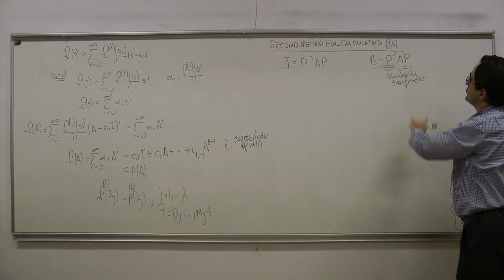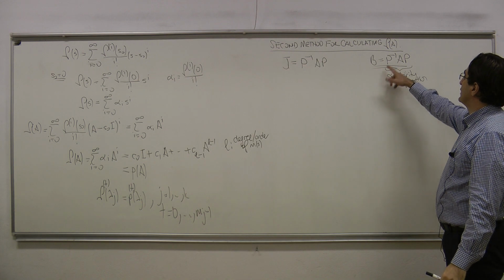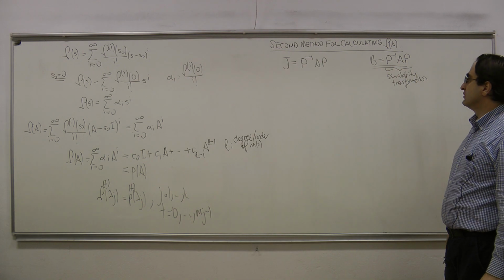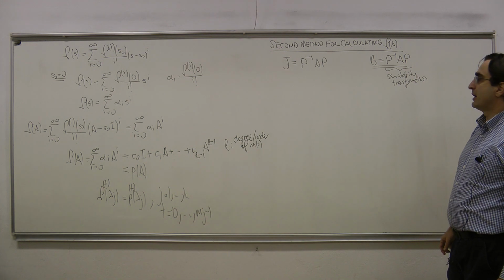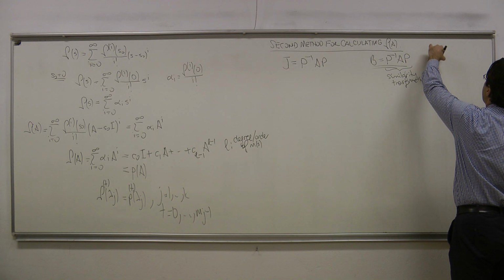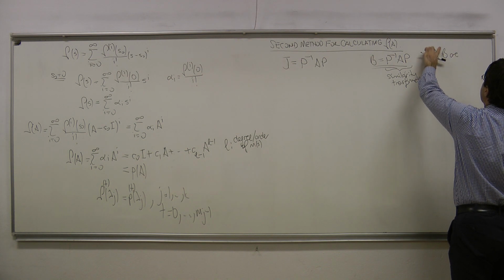Okay? And if two matrices are related to each other with a similarity transformation like this, then we call those two matrices similar matrices. So here A and B are similar matrices.